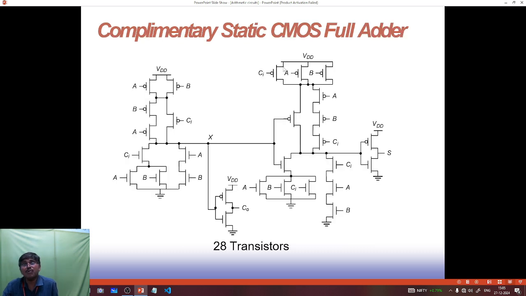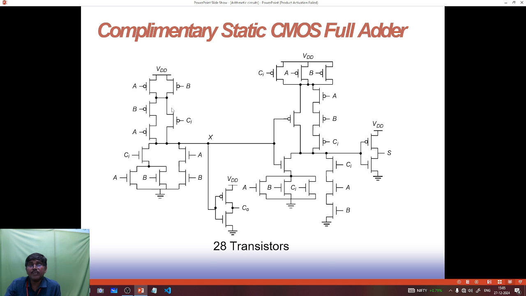Next, the complementary static CMOS full adder. Here the full adder has carry generate, propagate and Cout. Sorry, this is the Cout value and this is the sum value.